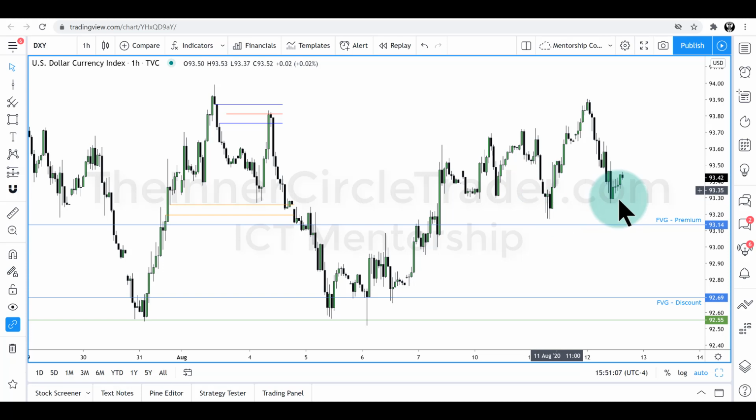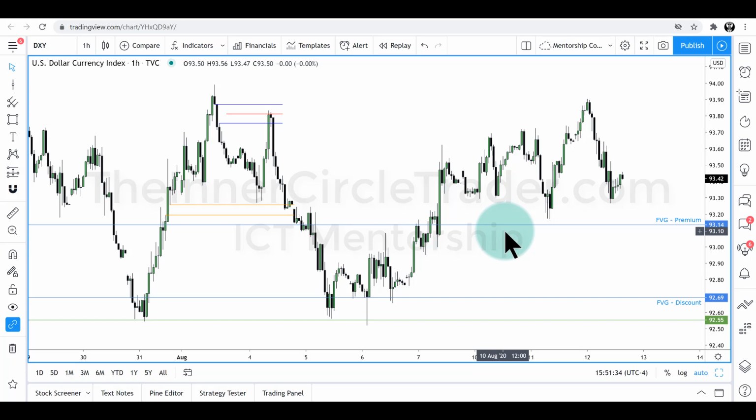Fair value gap traded into the down close candle here. Notice that we cleared these relative equal lows there, then traded above here. So if you study on the hourly, 15 and 5-minute chart, you'll see the things I'm talking about all the time when we go into consolidation market profiles, that you're looking to sell short above old highs and buy below old lows.